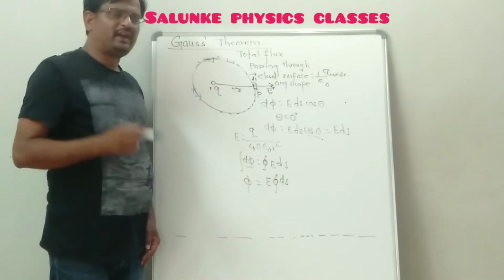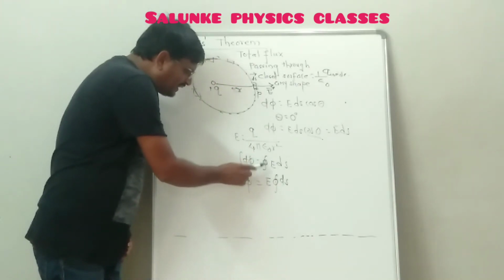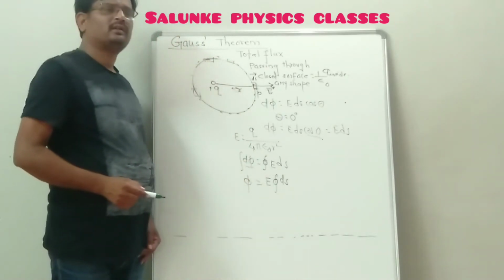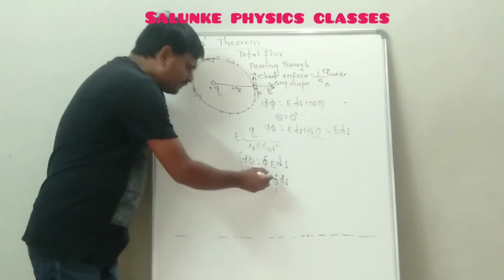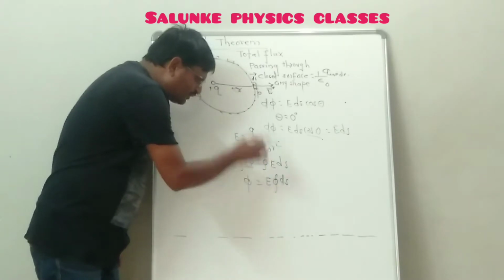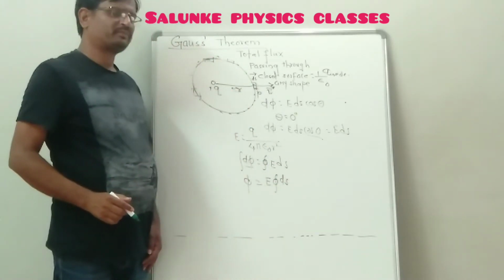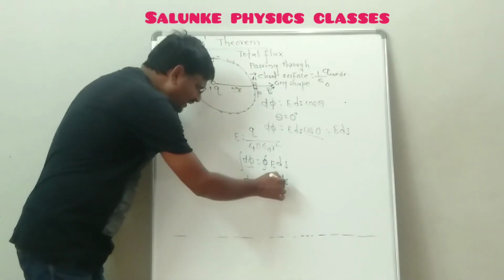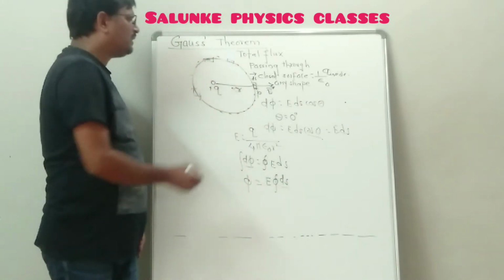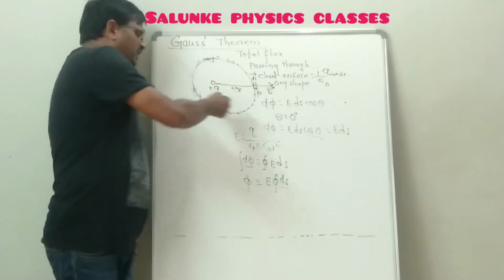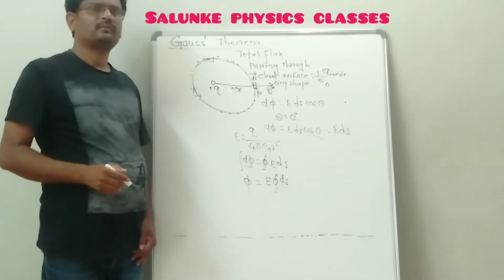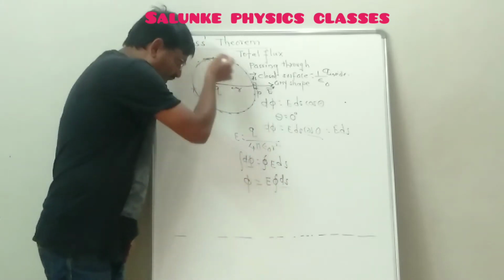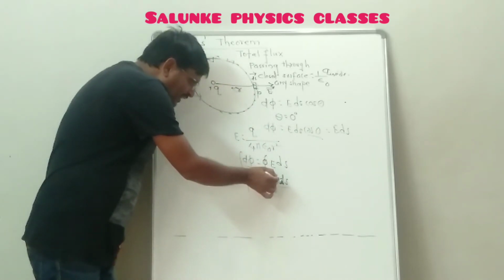Therefore, this is E times integration of ds over closed surface area, but this area is nothing but entire area of the sphere. Let us put the value of this area.